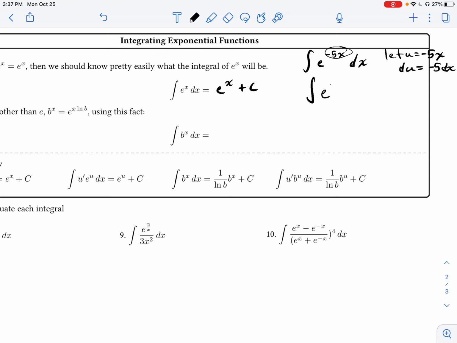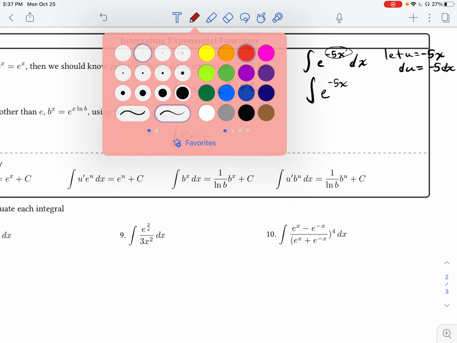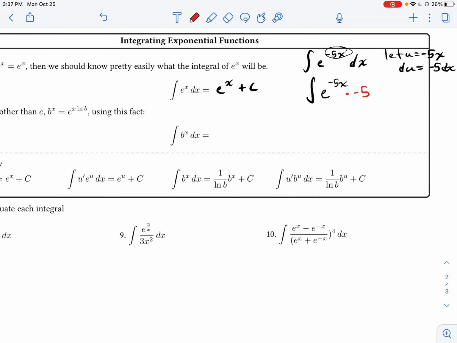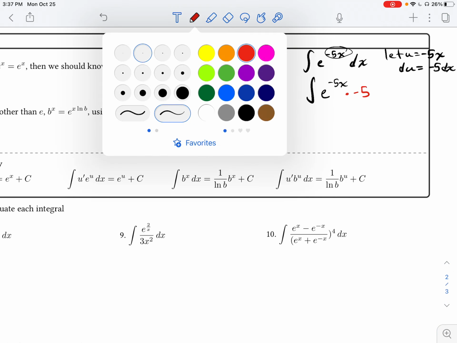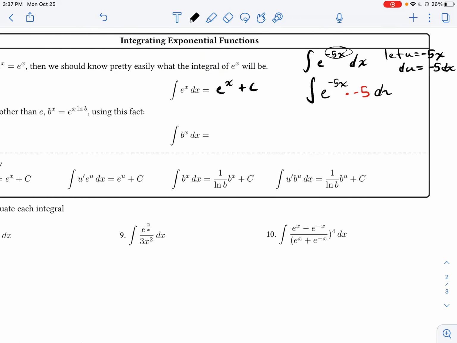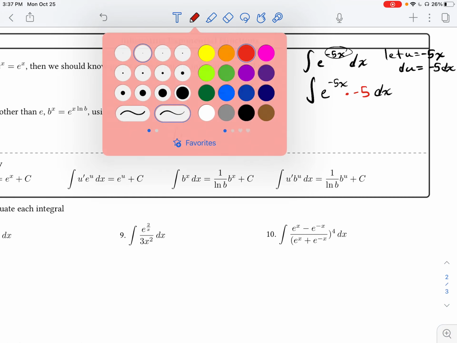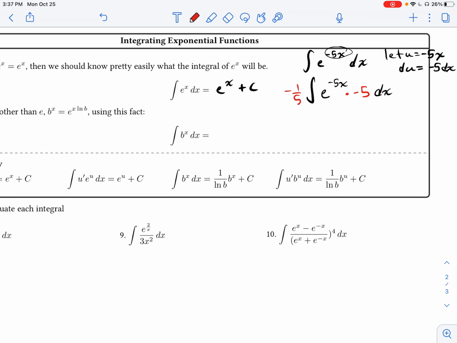So I can say e to the u, or let me actually just leave it as negative 5x. But I have to have negative 5 dx in my integrand. And so I can easily multiply by negative 5. I just need to make sure that I also have negative 1/5 out here, and I should probably put this in parentheses, so that I'm not changing the value of my integrand.